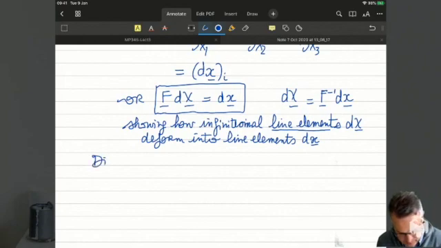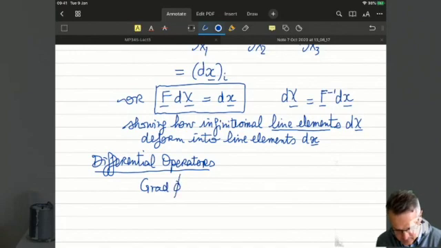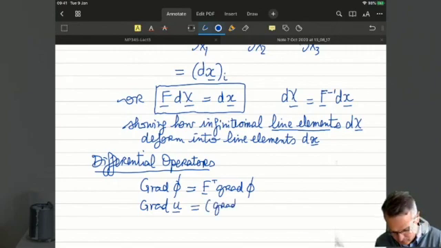So differential operators are linked as follows. For instance, the gradient with respect to capital X is linked to the gradient with respect to little x, the gradient of a scalar, as follows. The gradient of a vector is linked as follows.